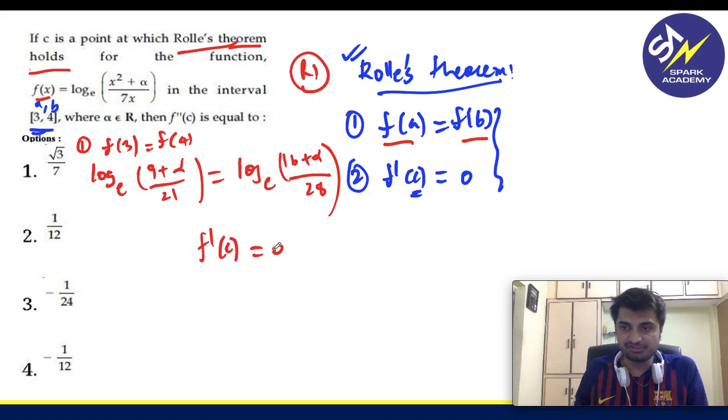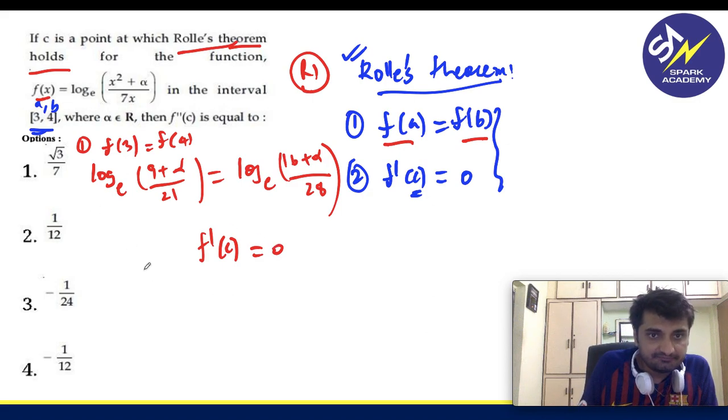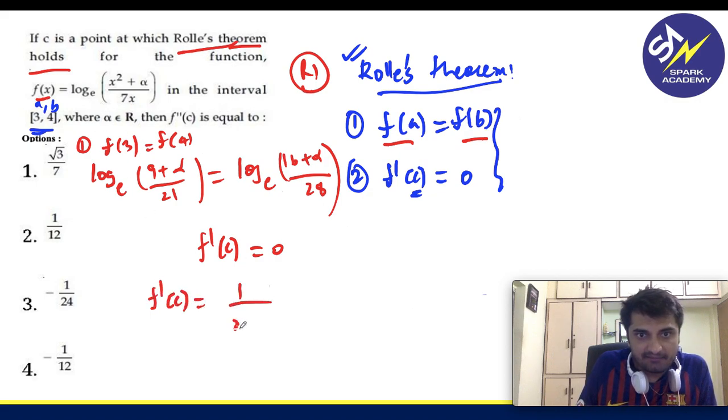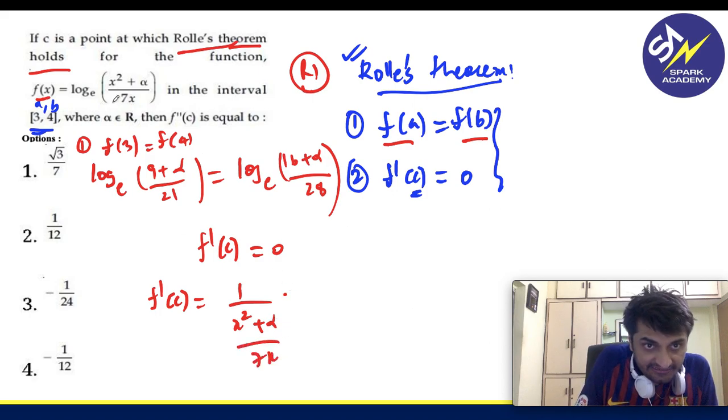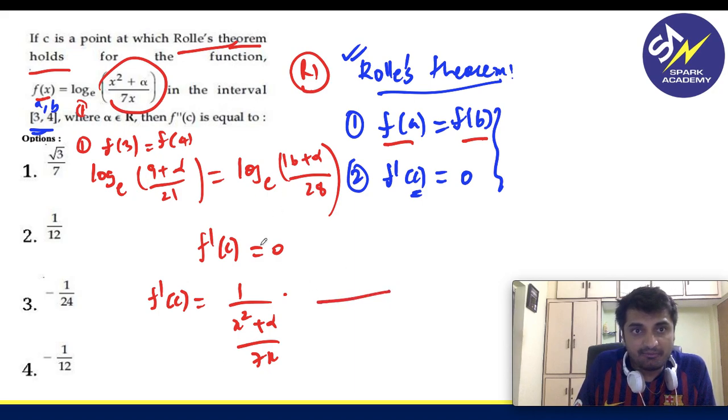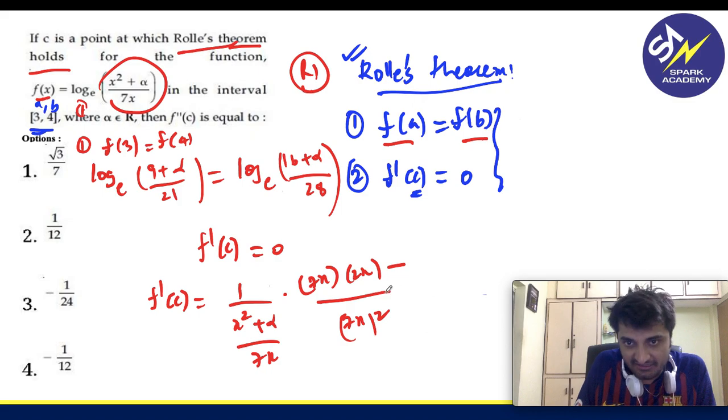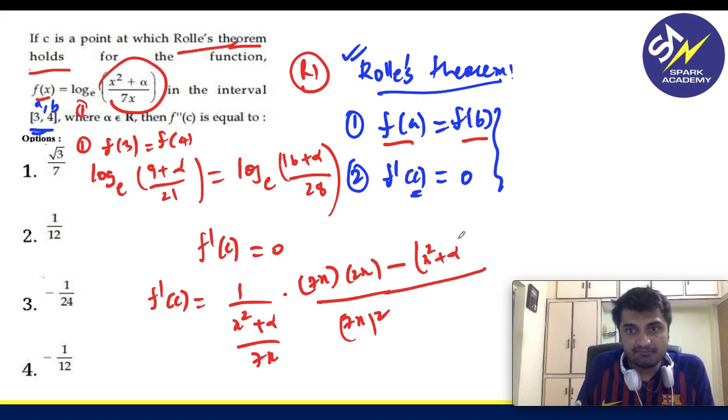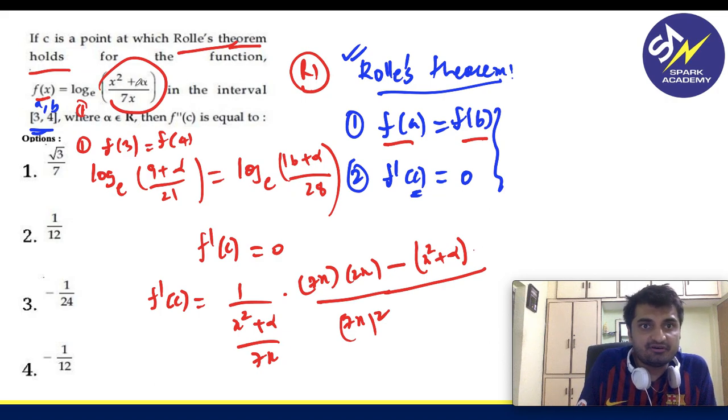Now we need to find f dash of c first. So f dash of c should be 0. Differentiate. Derivative of log is 1 by (x square plus alpha by 7x) into, internally you have to differentiate, since this is u and this is v. Numerator u is x square plus alpha, denominator v is 7x, so the denominator is 7x whole square. So I am getting v into derivative of u, which is 2x, minus u, that is x square plus alpha, into derivative of v.